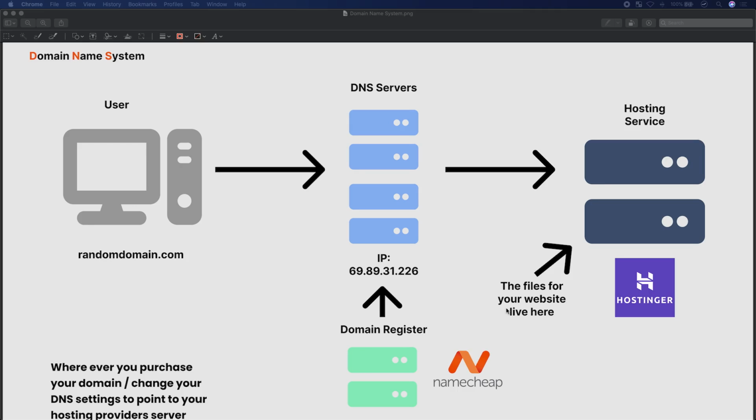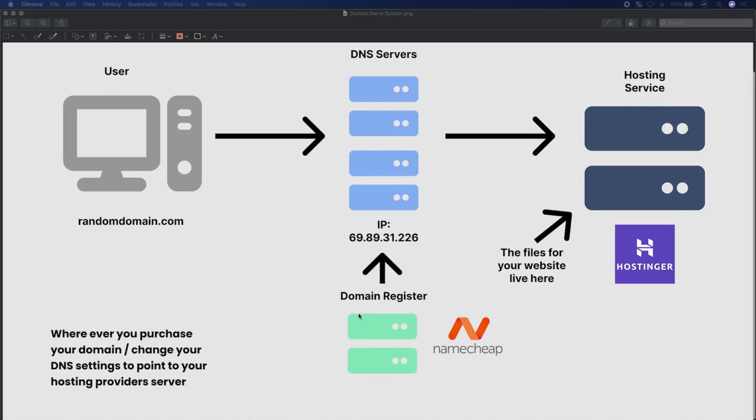So a scenario that you will commonly find when you are out in the wild coding for clients is that they'll purchase their domain in something that's called a domain registrar, okay, which is essentially a service that provides domains, okay, but they will want the hosting of the files that make up their website on another hosting service, okay?